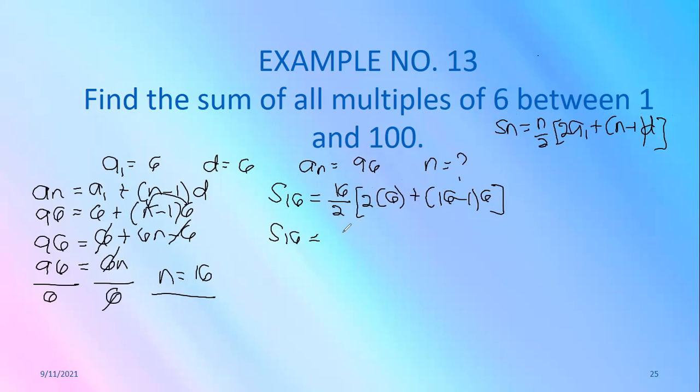So 16 over 2, that's equal to 8 multiplied by 2 times 6, that's positive 12, plus 16 minus 1, that's 15 multiplied by 6, that's equal to 90. So this is equal to 8 multiplied by 102.